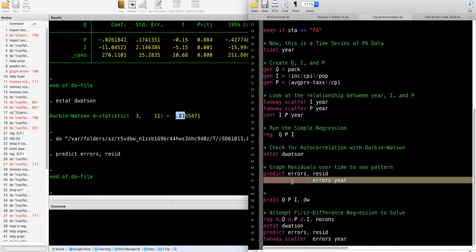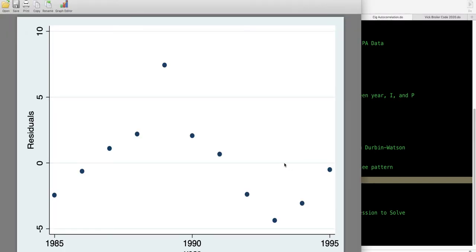And now I'm going to do a scatter plot between those residuals and year. So here I have the residuals, here I have a year. So this is a nice graph that is indicating that we do indeed have positive autocorrelation. You see, as year goes along, this thing is steadily rising. It pops up and then it steadily goes down.